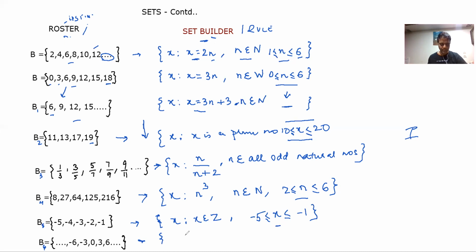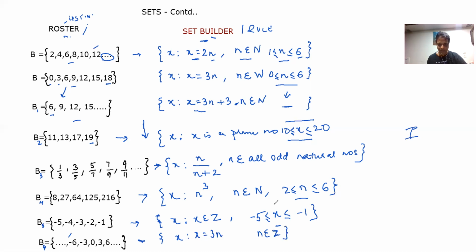One thing for sure is that X is such that X is equal to 3n, because these numbers are a multiple of 3: -6, -3, 0, 3, 6. Now, n is the element of all integers.